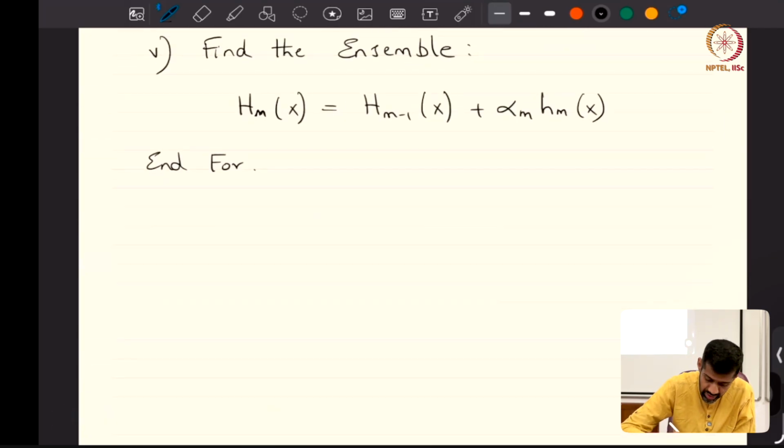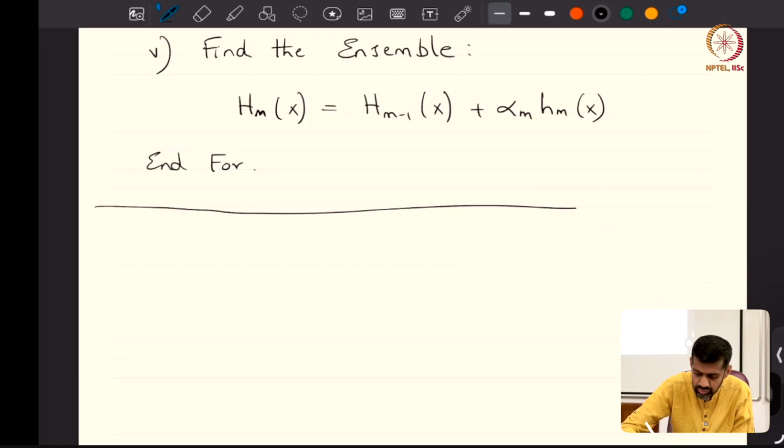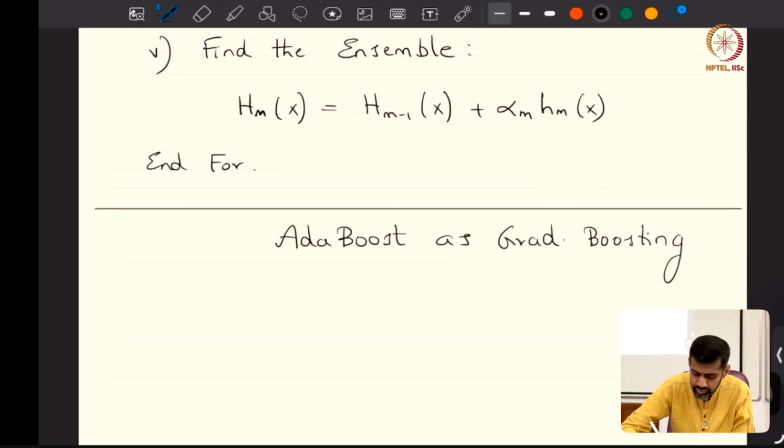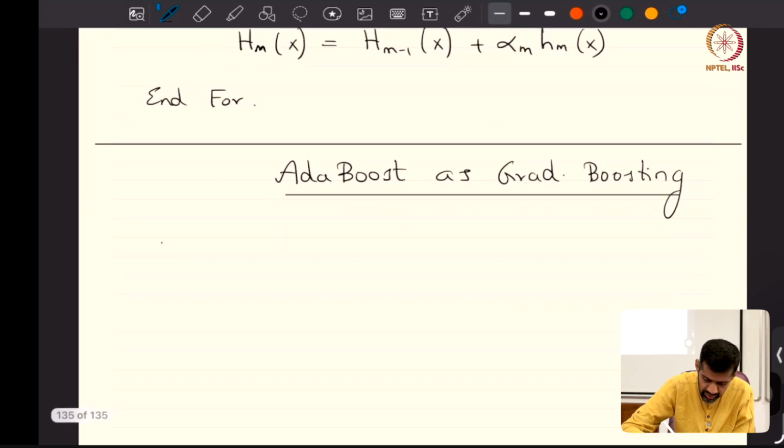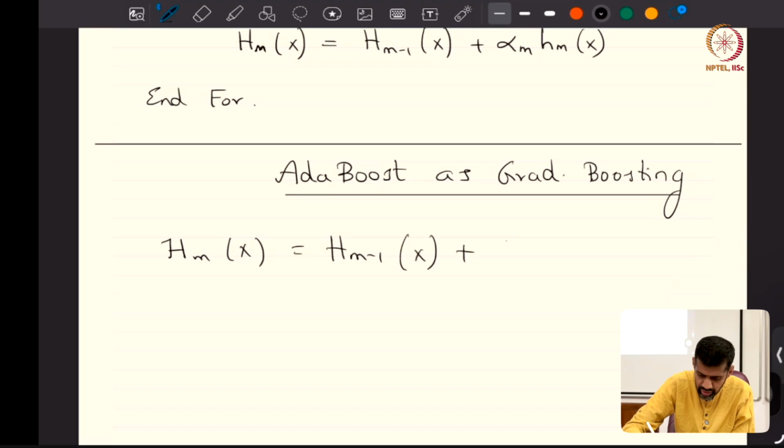Okay, so now let us look at AdaBoost as gradient boosting. Recall that in gradient boosting what we do is that we write h_m of x as h_{m-1} of x plus alpha_m times h_m.